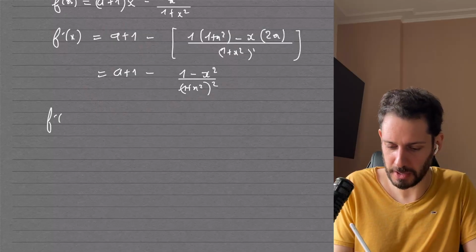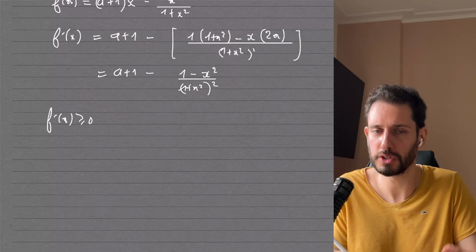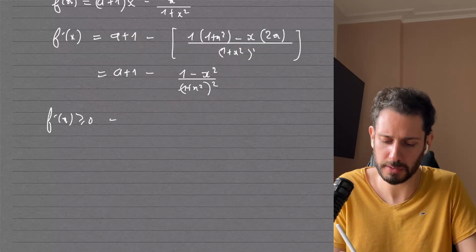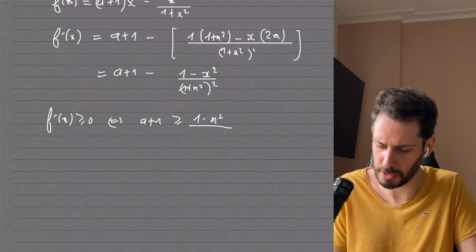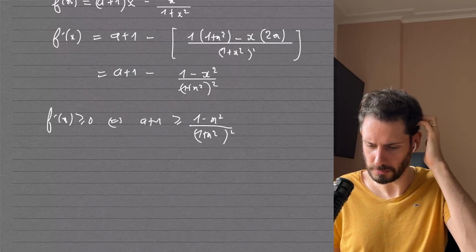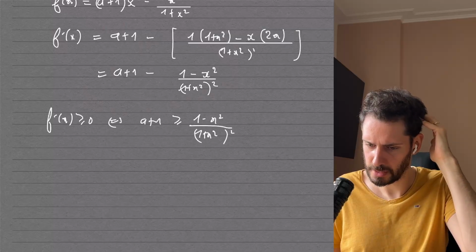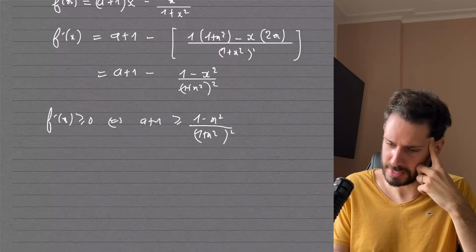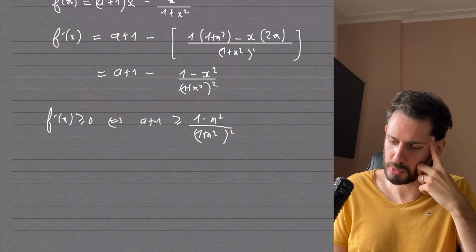And so let's check what's the condition for f prime being positive, and we just find the necessary conditions if you want. And we do this if and only if a plus 1 is bigger than (1 minus x squared) over (1 plus x squared) squared. Okay, that's fine. And so the first thing I can check here is that this whole function is actually a function of x squared.